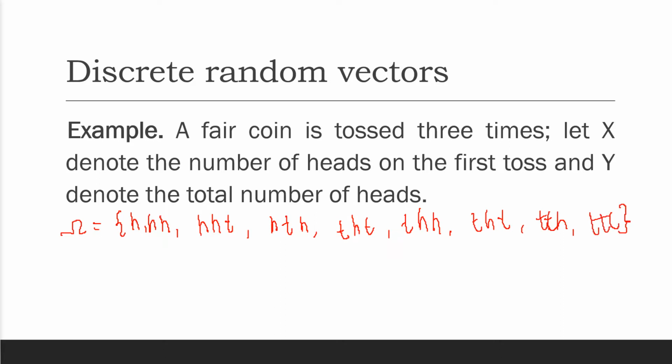So we see that the joint frequency of X and Y is something like this. If we construct a table with Y values 0, 1, 2, 3, then this row is X equals 0 and this is X equals 1.